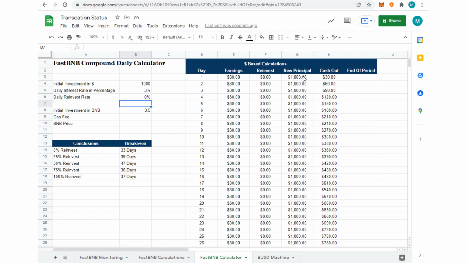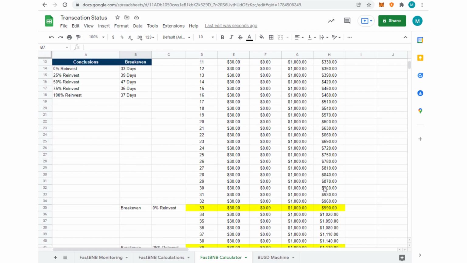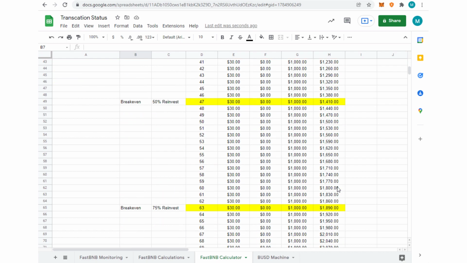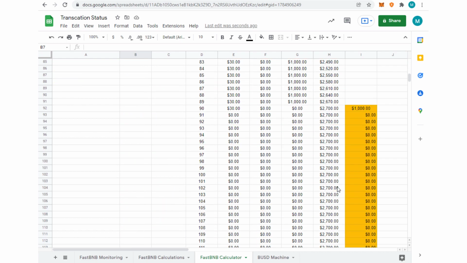So your principal is 1,000. You get $30 out. Next day you get 60. Next day you get 90. And it's all based on that initial investment you had done. So when you add them all up, same as before, at day 33 or 34, you get your 990, right? And if I scroll up all the way to the end, and I will explain the rest of the calculation, day 90, you get your 2,700.